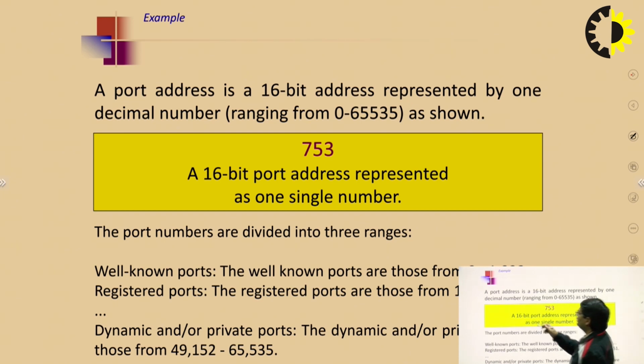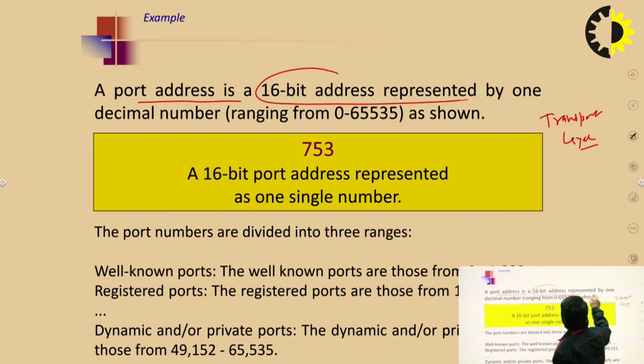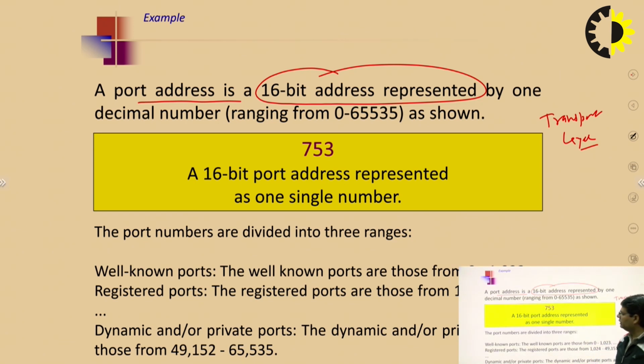Next we have port address. As discussed, port address is for unique identification of a process in the transport layer. Port address is basically a 16-bit address, represented using a single number in decimal form.